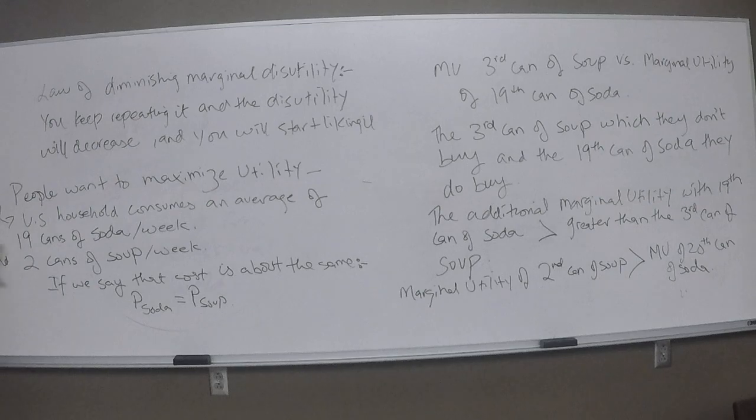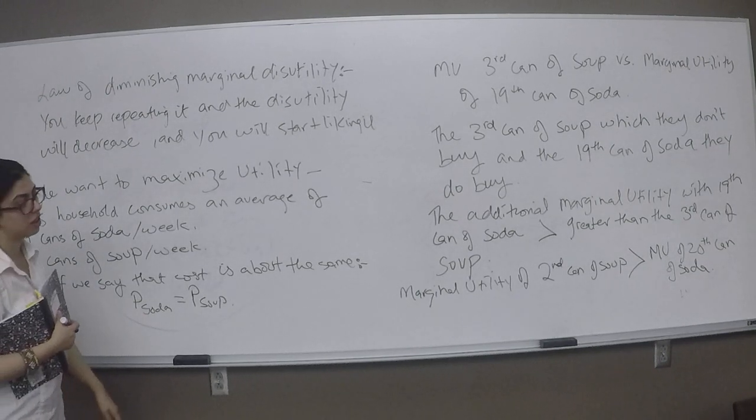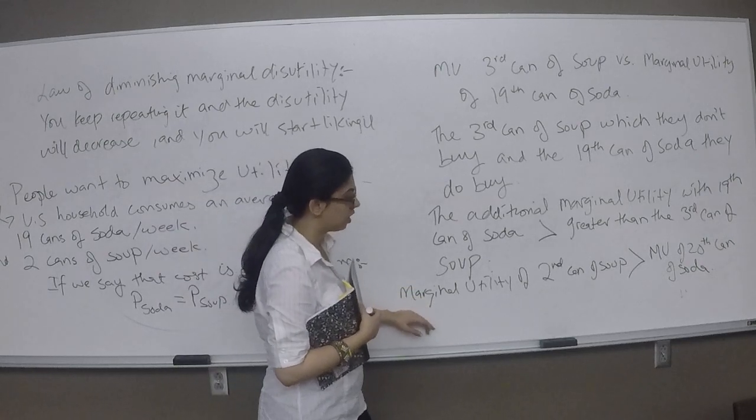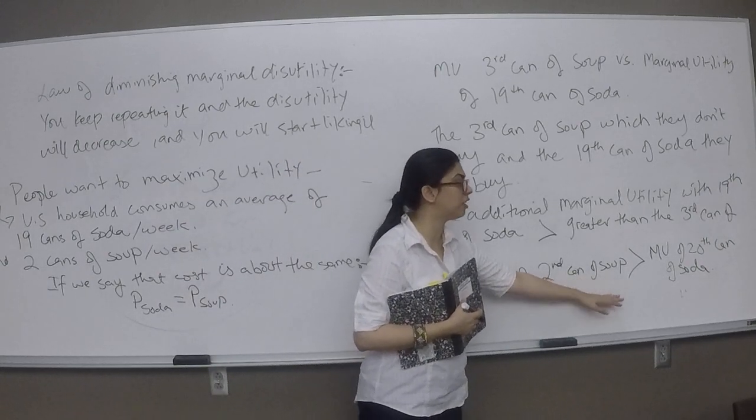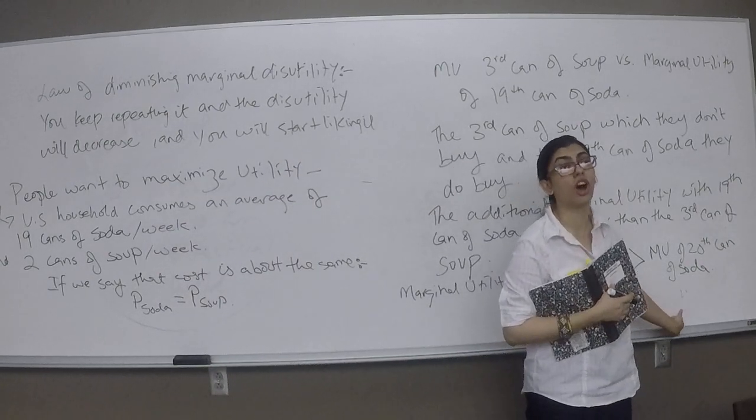So in the quiz, I'll have something like this, and you'll have to think about it this way: what they are consuming and what they're not consuming. The utility of what they are consuming, the second can of soup, is greater than the 20th can of soda they're not consuming.